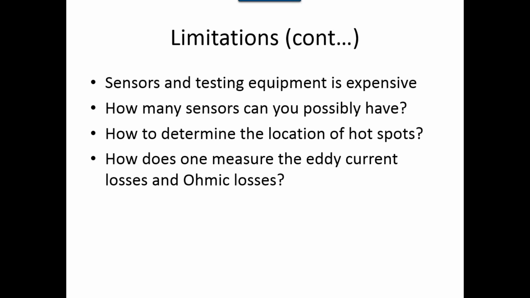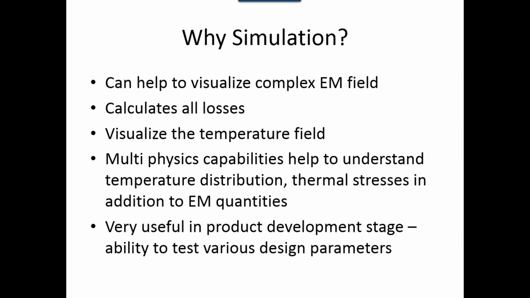So it's really important for you to understand them, but while doing physical testing, it's almost impossible to accurately detect where they are, because you're not going to have a sensor in almost every possible point in your model. And finally, how does one measure losses using physical testing? It's always a challenge. There are devices and equipments and standard procedures, but ultimately it's highly limited.